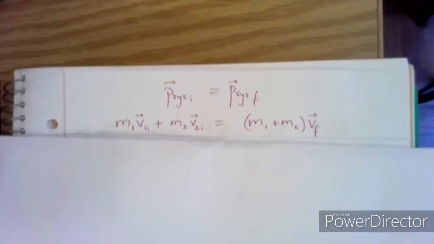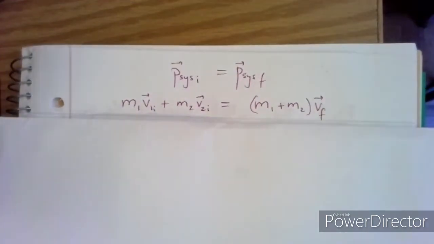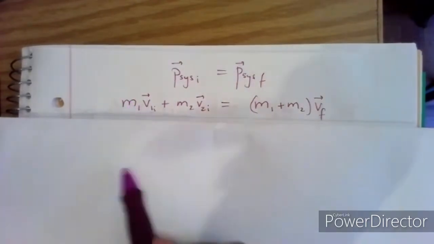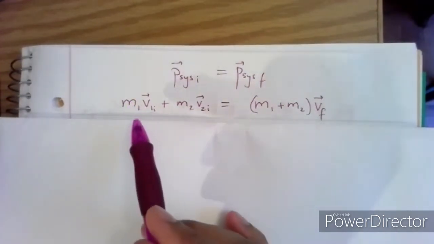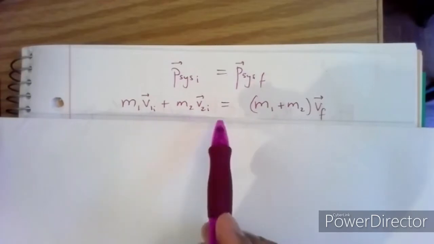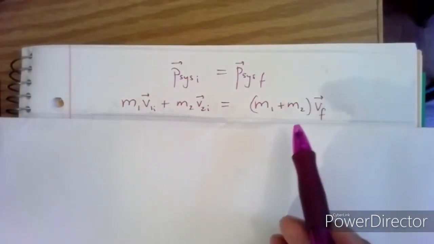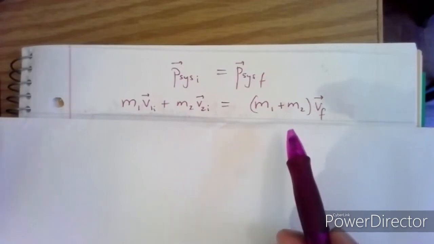Initially, the system is composed of the separate boxes 1 and 2. So P system initial is P1 plus P2, or m1 v1 plus m2 v2. The final state of the system is when the boxes have stuck together and are moving together.